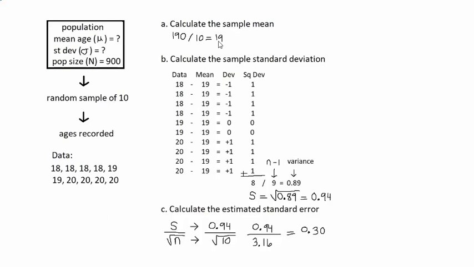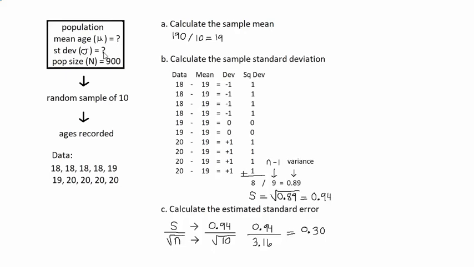And at this point, the person wants to get an idea of how accurate the sample mean of 19 is likely to be. In other words, the person wants to get an idea of how close the sample mean of 19 is to the unknown population mean, which is a question mark. So what the person decides to do is calculate a standard error. But the person can't calculate the actual standard error of the sample mean because the person doesn't know the population standard deviation.